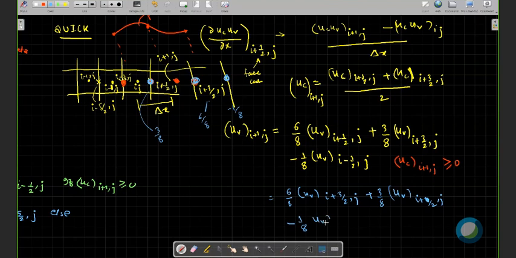So what is that point? UV at I plus 5 by 2 j. This is the else case.